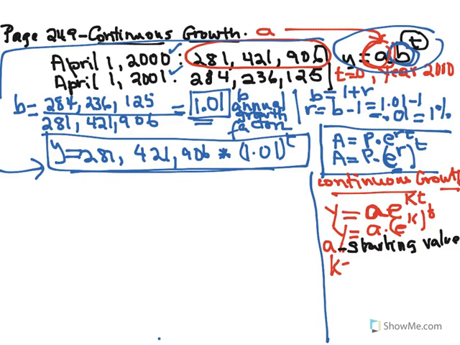Well, k is the continuous growth rate. Yes, so k is the continuous growth rate. And we all know that e is my irrational number.